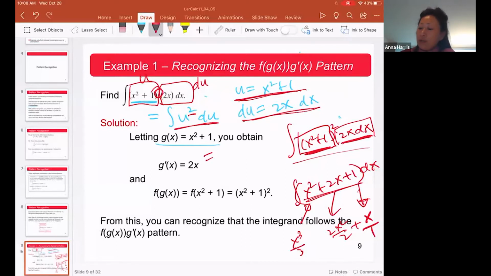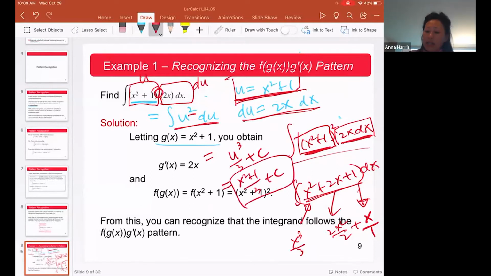That equals u cubed divided by 3 plus c. Then we're done, right? But since your original problem is in terms of x, you put back what u is equal to, which is x squared plus 1 cubed over 3 plus c. Then you're done. All right, let's look at another one.